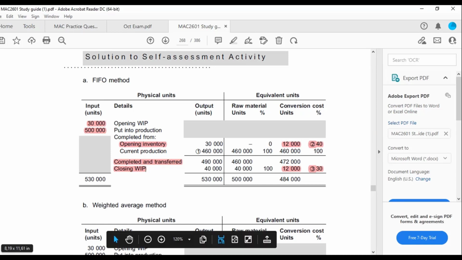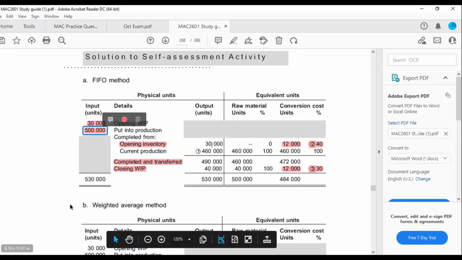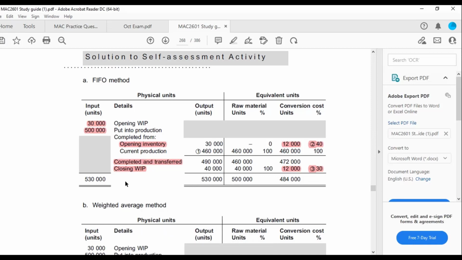Start writing the framework, write it down without the numbers. Then as you go, you can say input here, and I know that I need to put the 500, it's only 500 done. Then you know current production, okay, I'm going to put it there. Then you say closing WIP, and this is the balancing.